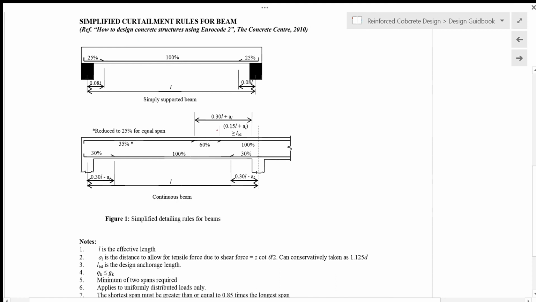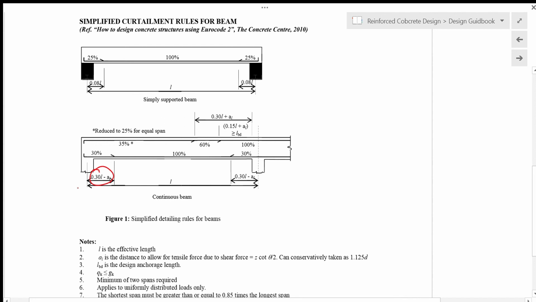So let's refer to this figure here, which gives us the dimensions and also the required steel for each of the parts of a continuous beam. For the end span, 100% of the steel must be provided at the bottom near the mid span, and then near the end support you need 30% of the steel going into the support at a distance of 0.3L minus AL.